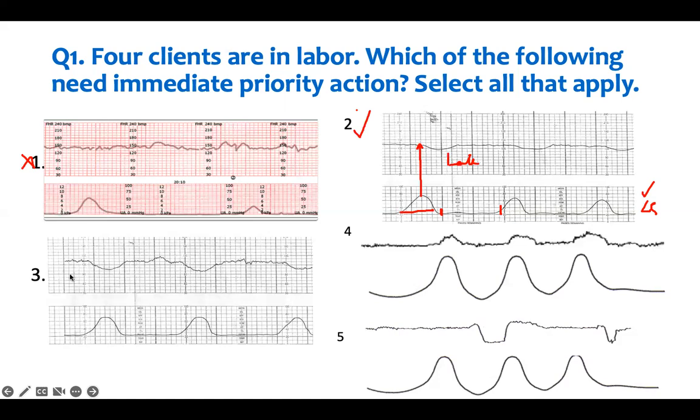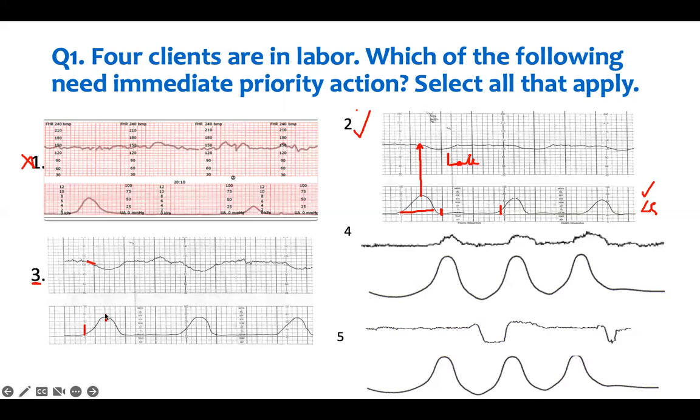Then number 3, what do we have? The same thing, 1, 2, 3 contractions, that's good. The distance from here to here is also good. It's more than 2 minutes. From here to here is not greater than 90 seconds. And then at the baby, at the beginning of contraction, the baby heart rate starts going down.